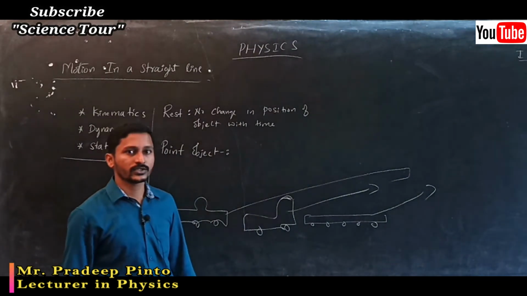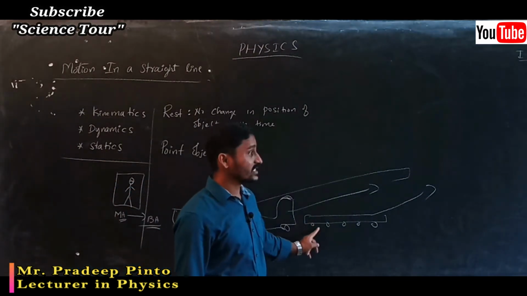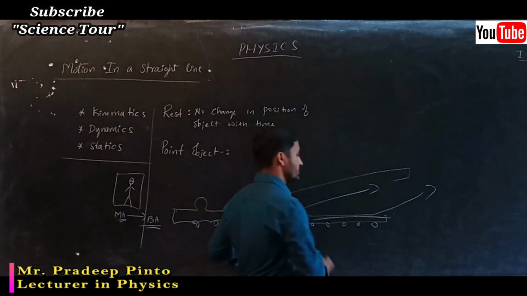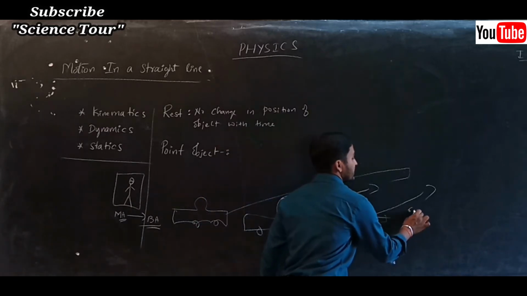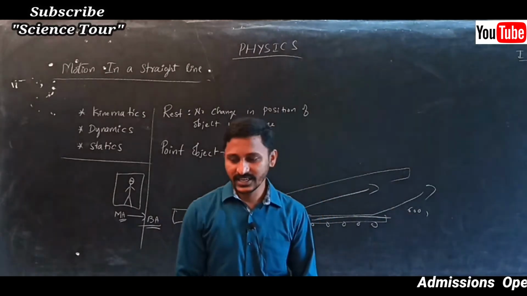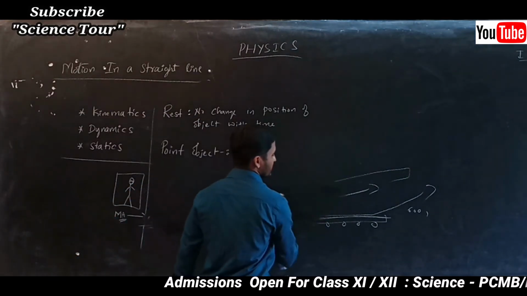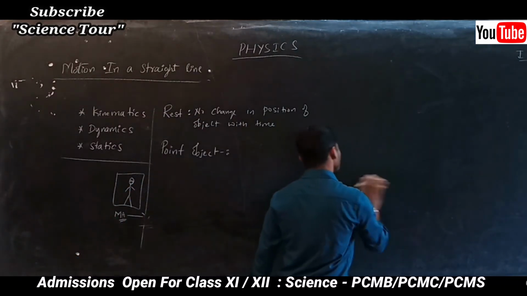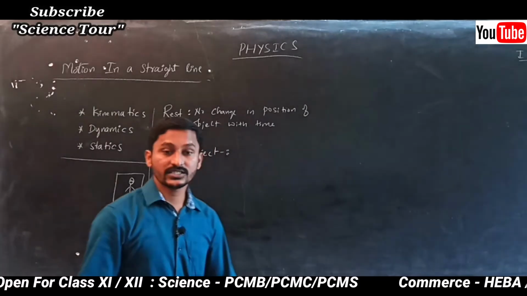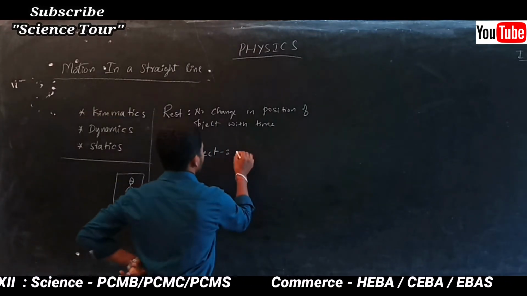If the length of the object is less than the distance travelled, such kind of objects we will call a point object. What is that?